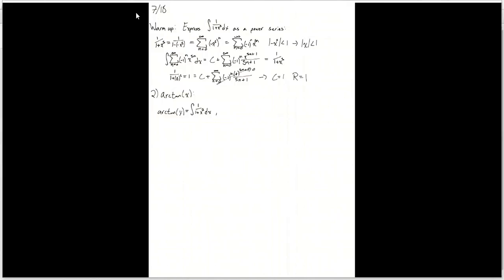So we've got 1 over 1 plus x squared. This is going to be equal to 1 over 1 minus this negative quantity here. So now we can put this in its power series form pretty easily. This is negative 1 to the n, x to the 2n, right?